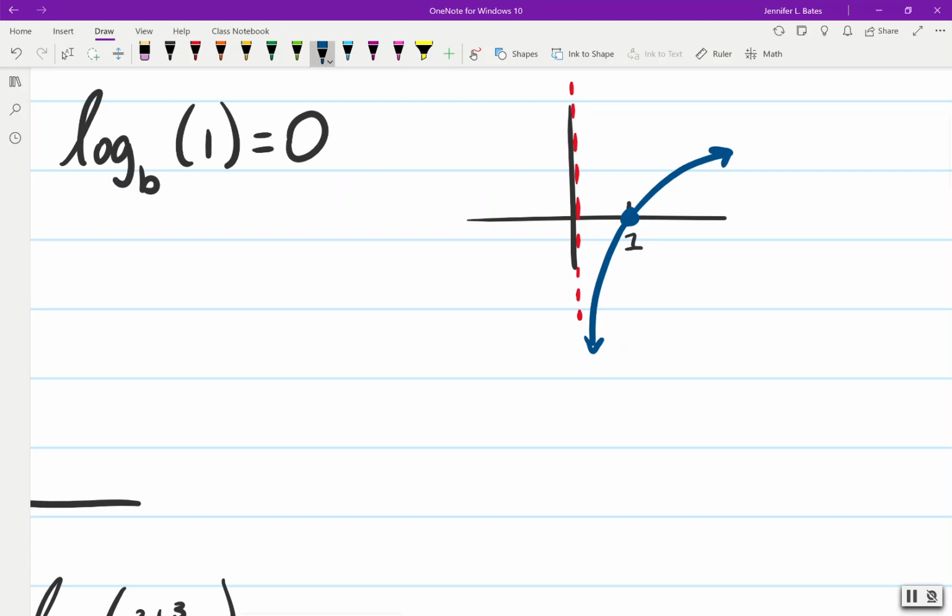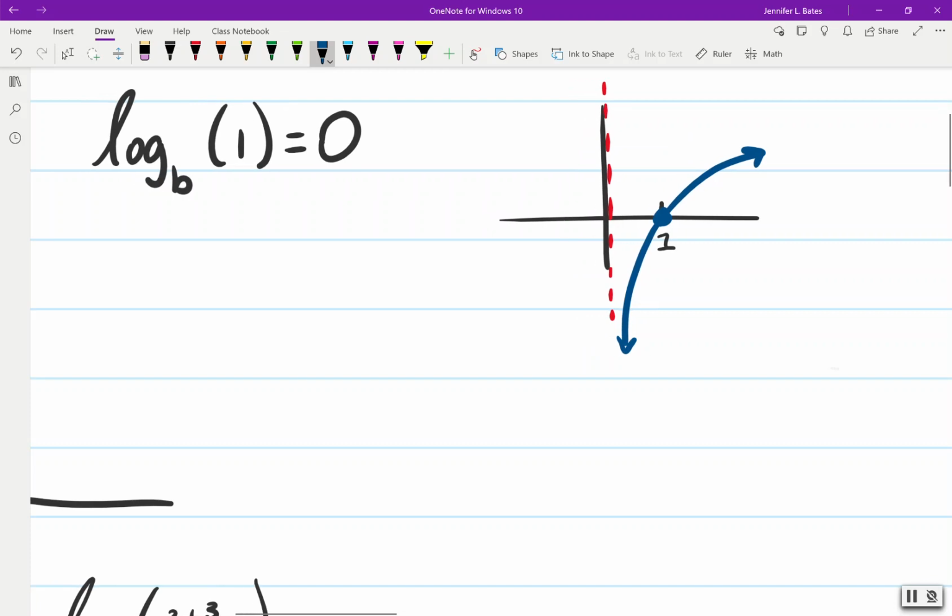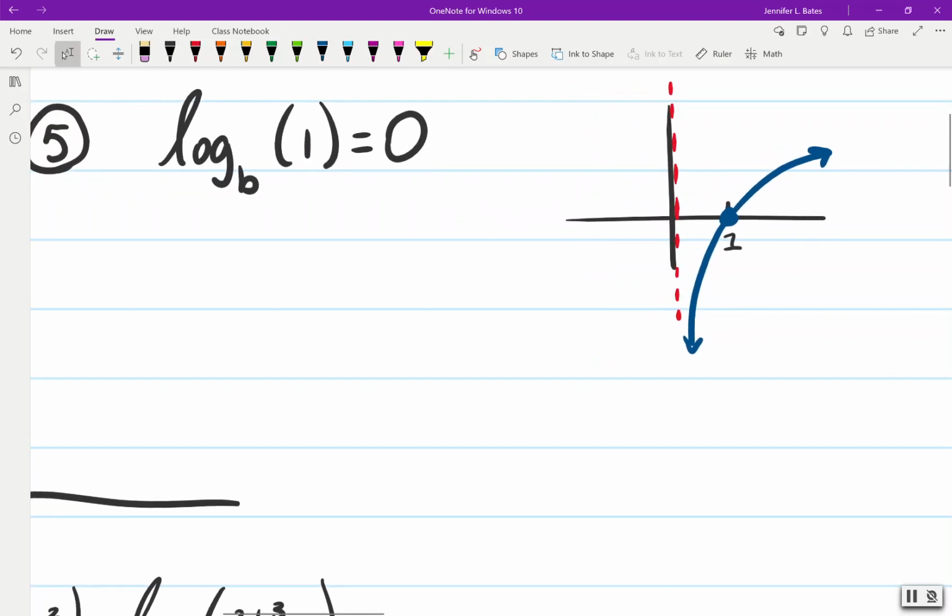It always goes through the point 1, 0. That's the point that does not change. So what that tells us is that if we take log of 1, we're going to get 0. Okay, so we're going to add this in as our log property number 5. If we take the log of 1, we're going to get 0, because 1, 0 is always a point on our graph.